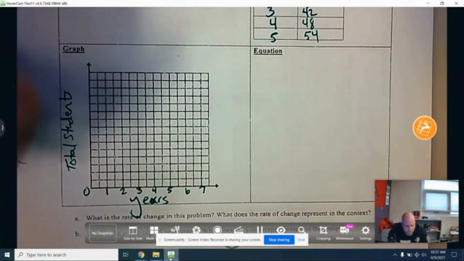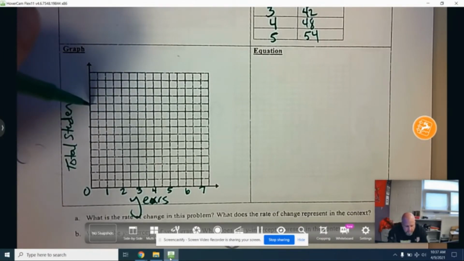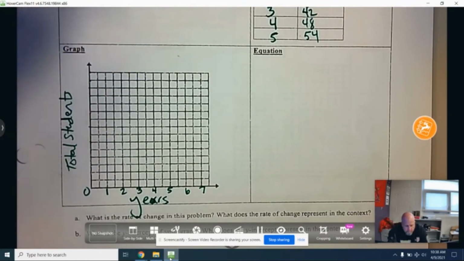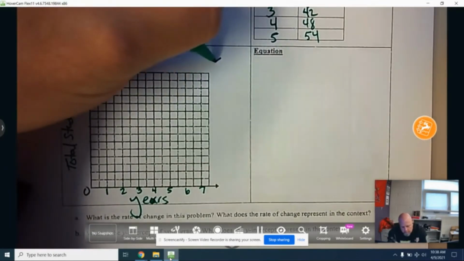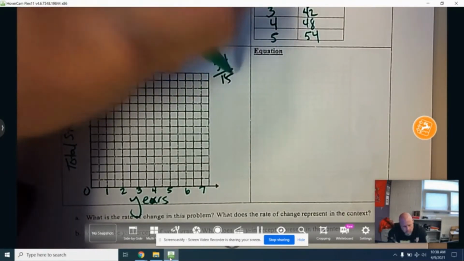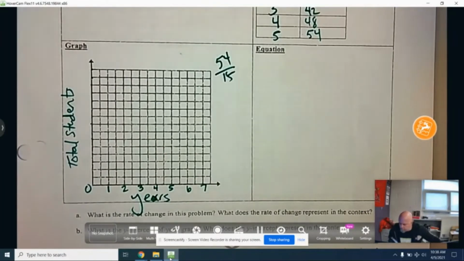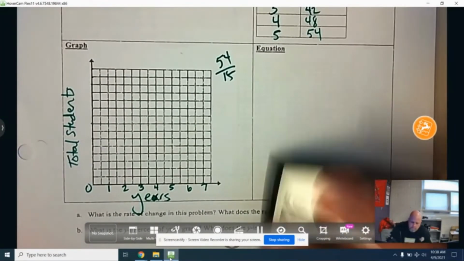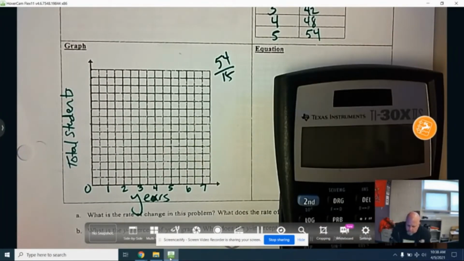Now I have 54. So I'm looking here. I got 1, 2, 3, 4, 5, 6, 7, 8, 9, 10, 11, 12, 13, 14, 15. So if I want to come up with an appropriate scale, I can take 54 and divide it by 15. Now, I know it's not going to be a whole number.